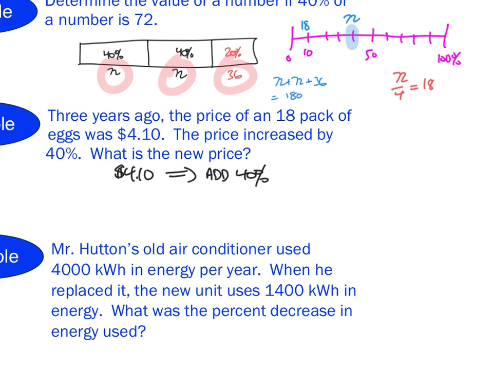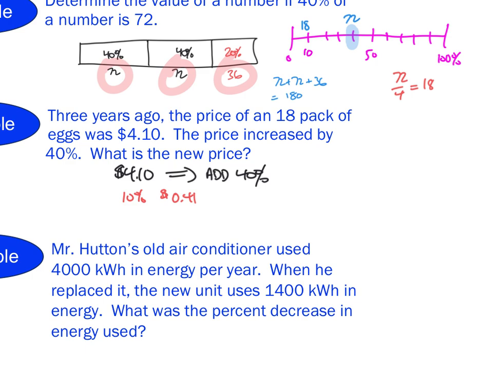We move the decimal place one spot to the left, which means that 10% is 41 cents.